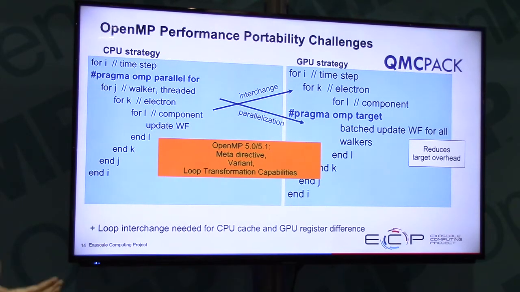In OpenMP 5.0, we have the metadirective that will help us to change some of the behaviors of the directives depending on the context where they're being invoked. We also have the capability of creating variants, and loop transformation capabilities are also being discussed in the standard. That will help to manage the versions of the code between multiple devices, including the CPU and the GPU.